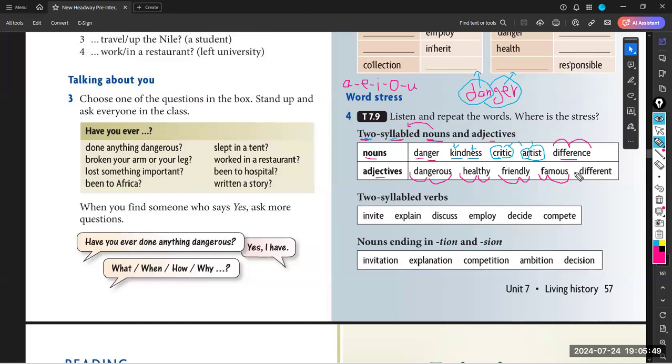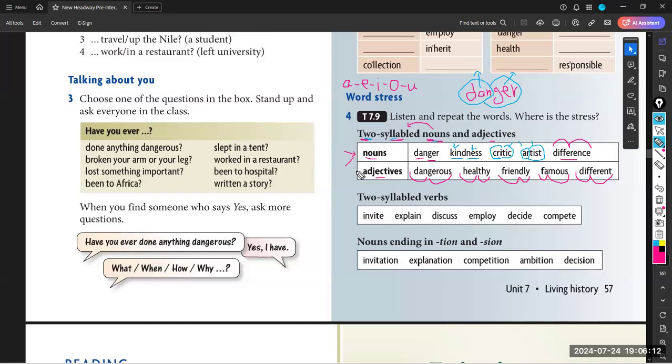Famous, two syllables. Different, two syllables. So not only nouns, but also adjectives could be two-syllabled ones. So be careful about saying these nouns and adjectives, because absolutely I have to say them correctly.